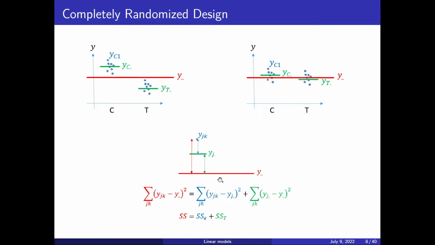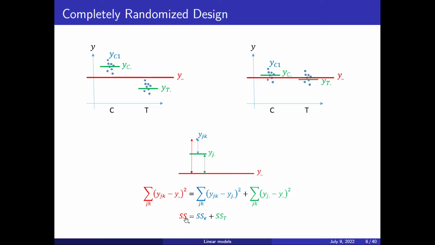So you may remember from your statistics courses that if you measure the distance between all observations and the overall mean, that is almost the variance. To be a variance, you have to multiply by 1 divided by n minus 1, n being the 1000 people that you have in your experiment. So we are not dividing, but this is almost a variance.